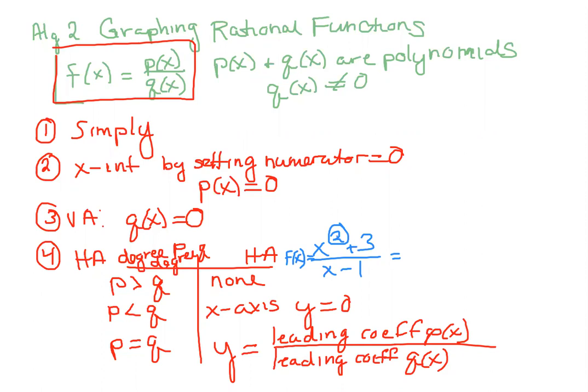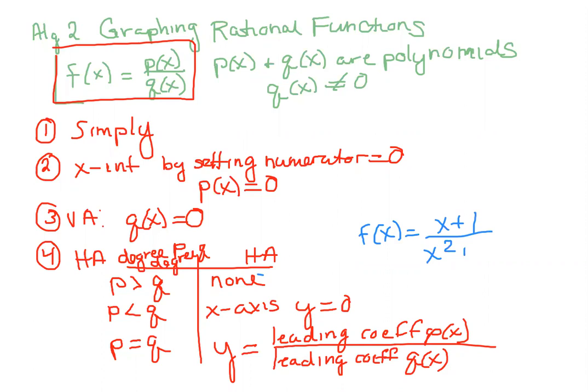P is greater than q, so there's no horizontal asymptote. Where p is less than q, an example might be the opposite: what if we had x plus 1 over x squared plus 3? The degree of the numerator is 1, the degree of the denominator is 2, so p is less than q. So our horizontal asymptote would be the x-axis.